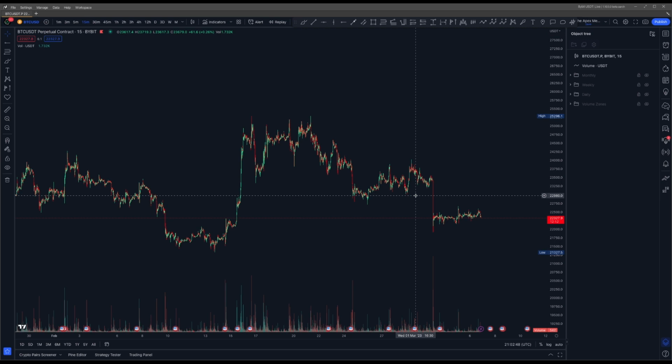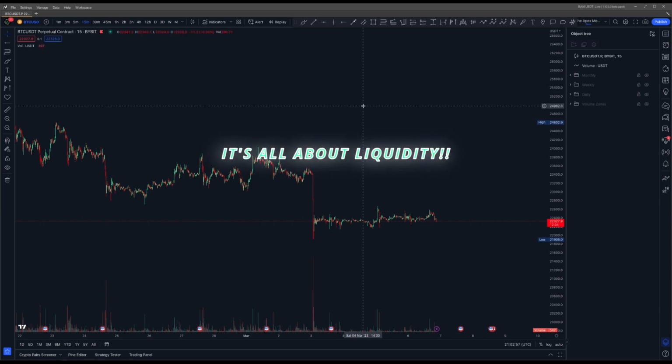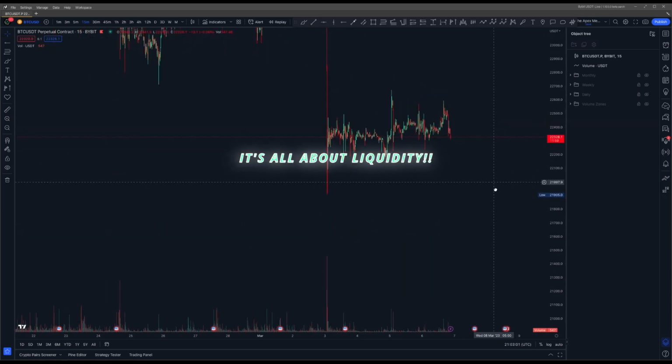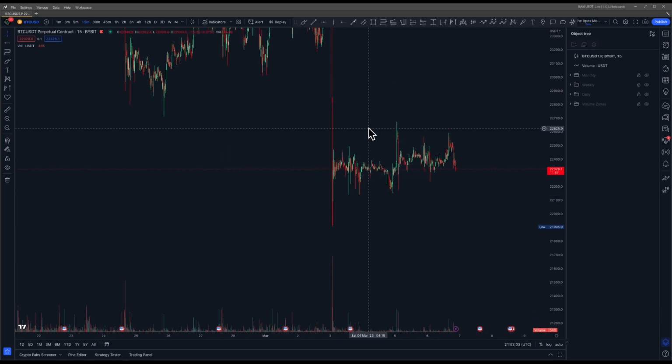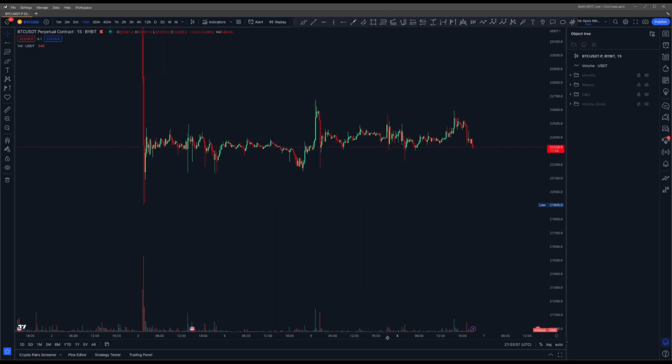Okay, now the next thing we want to do is create liquidity. We need to take a little pause here a second just while I explain what we're looking at. So let me take this zone here, right? We'll analyze this. Let's just look.